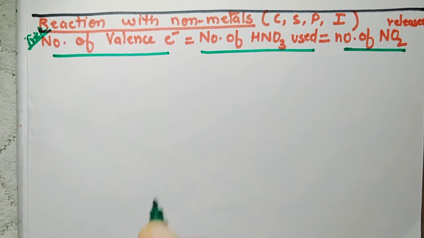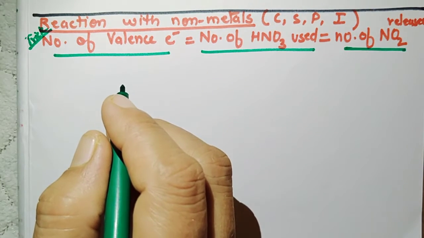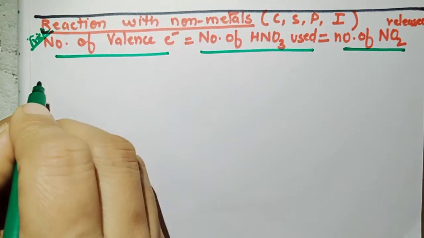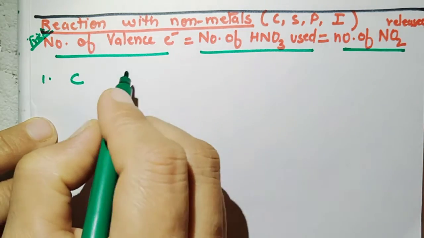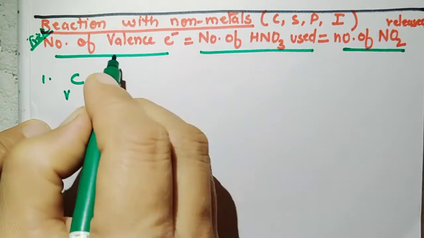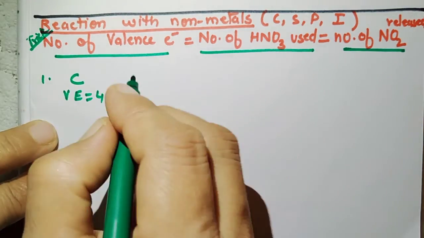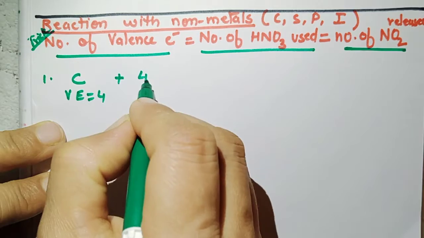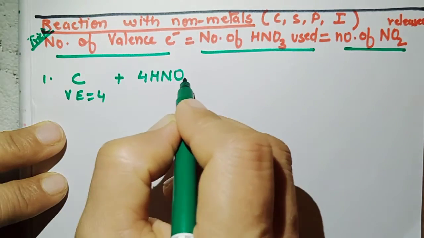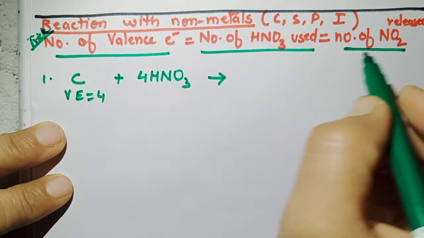Now let's take some examples. Suppose first example we have taken as carbon. How many valence electrons are there? 4. So 4 HNO3 will be used. Now what it will be giving to you?